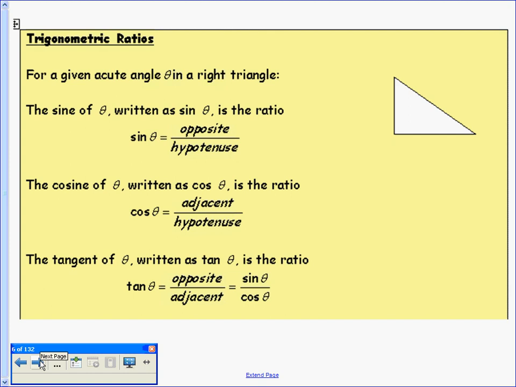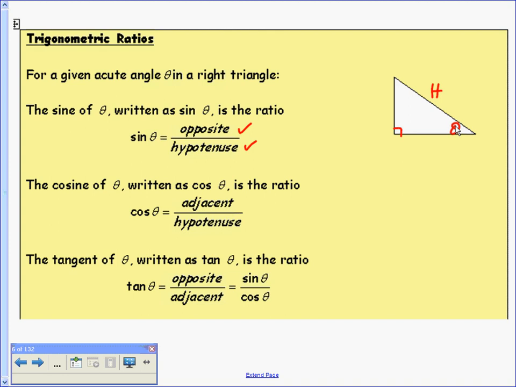trigonometric ratios. If you have an acute angle, and we call that angle theta, and let's say that's theta there, the sine of theta is the opposite side over the hypotenuse. So if this is our right triangle here, this is our hypotenuse.